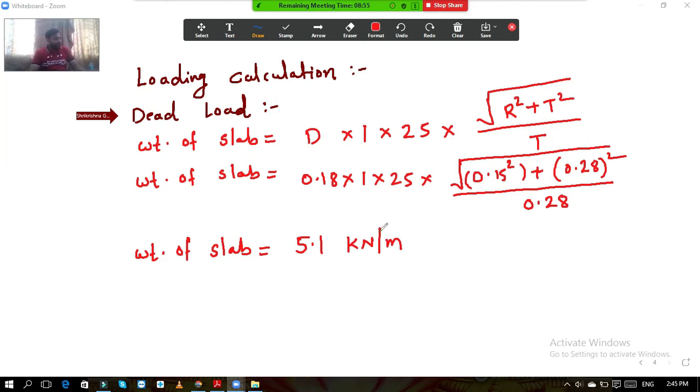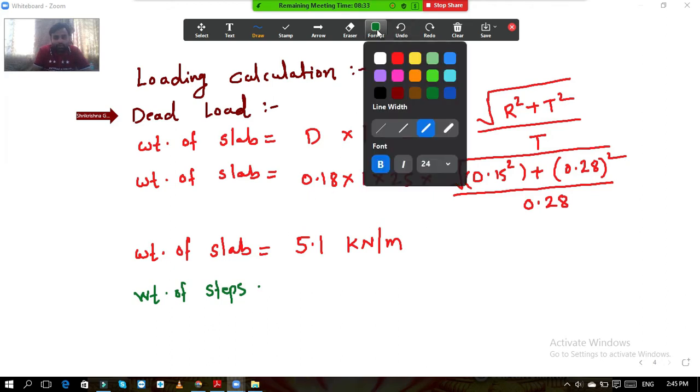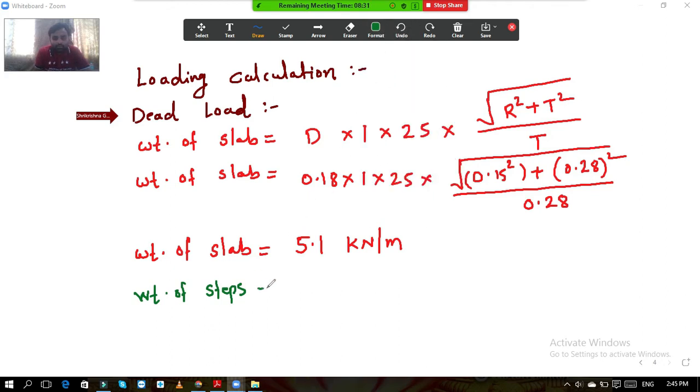So after the weight of slab, we will calculate weight of steps. Next thing is weight of steps. Weight of steps is equal to... how do we calculate the weight of steps?